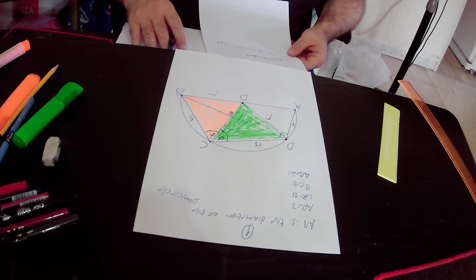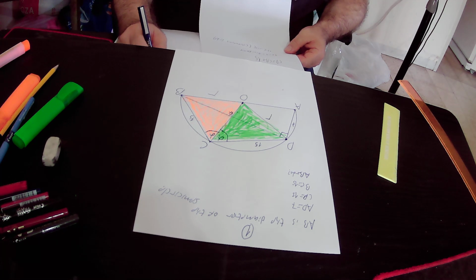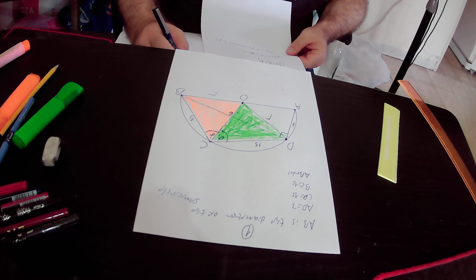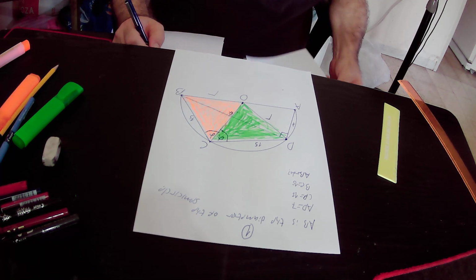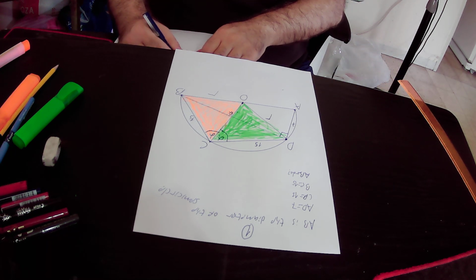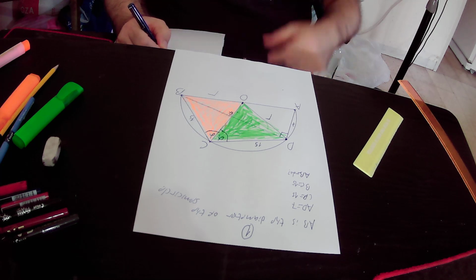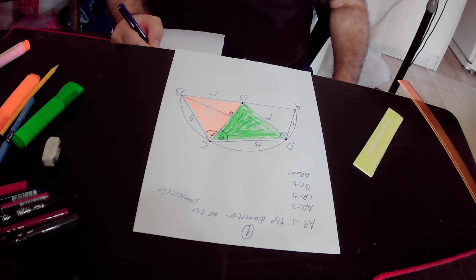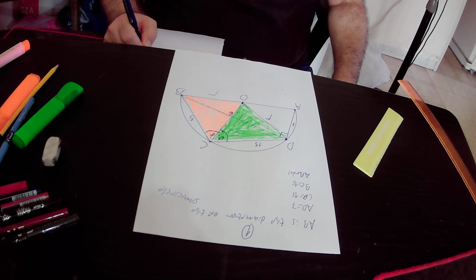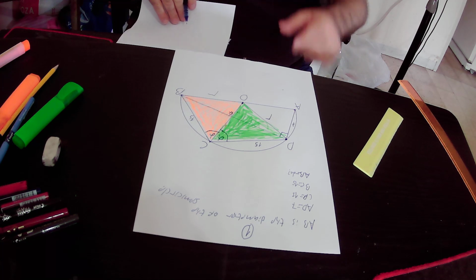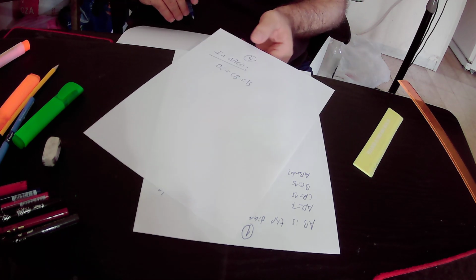Again, in triangle BCD, side DC is equal to side BC.